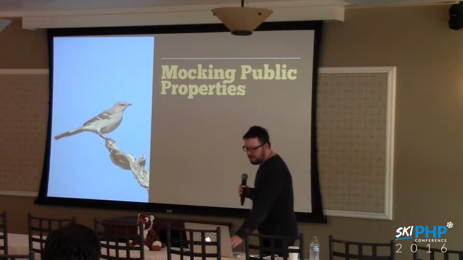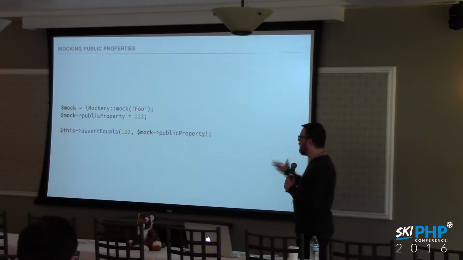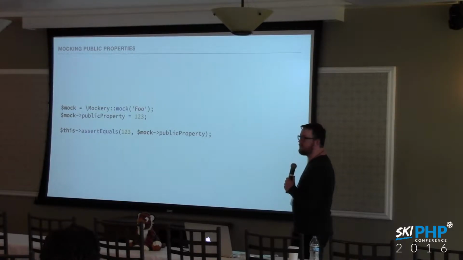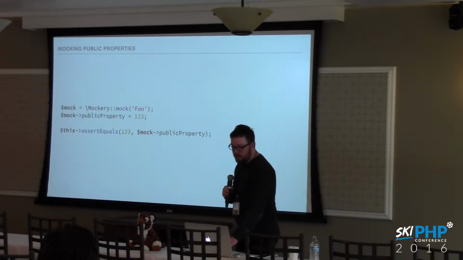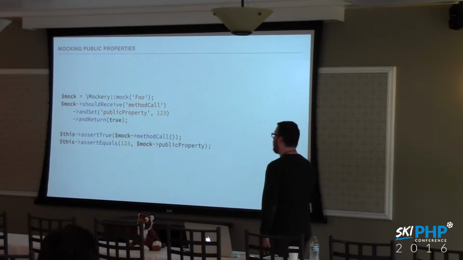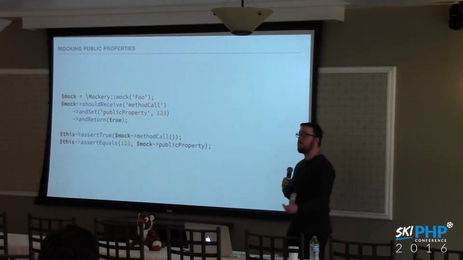Mocking public properties is very simple to do. Technically, I don't even know if you'd call this mocking it. I'm just creating a mock object, and I can set any public property I want on it. However, what you might often want to do is, if a method is called on a mock object, have that method set a public property.